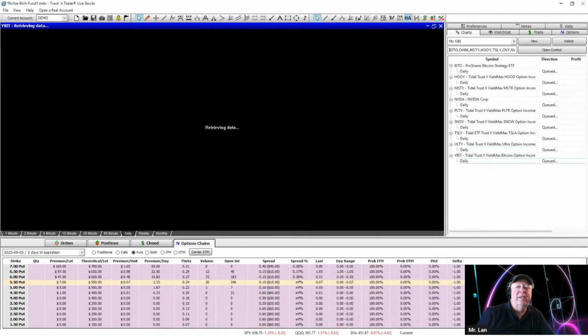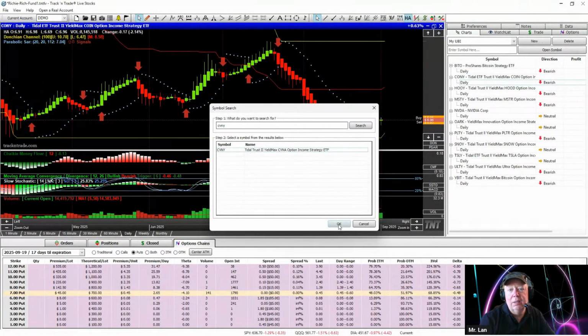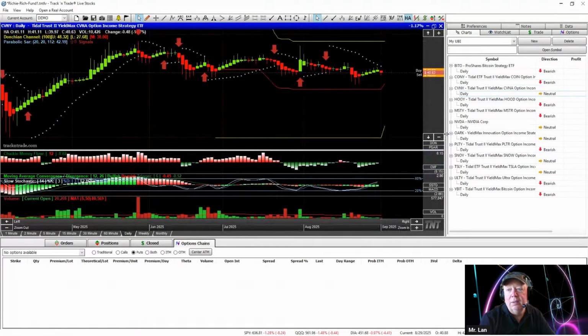So this is our list of Yield Max funds. Oh, I did make a mistake with CONY. Which one did I screw up? I don't know if that's CVNY. CVNY? Yeah, I think it's that one. Did we get CONY in here?